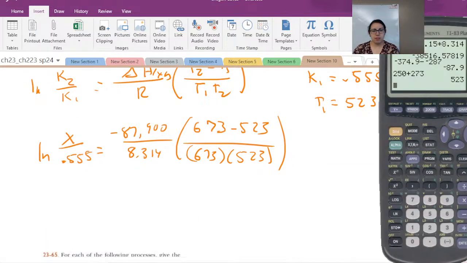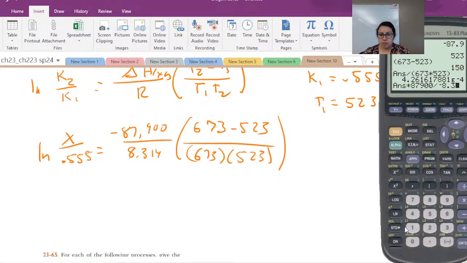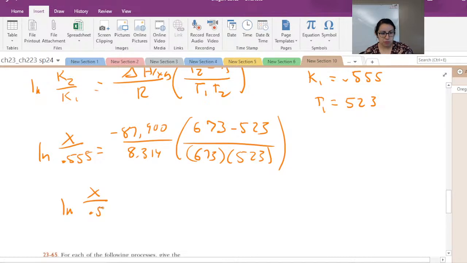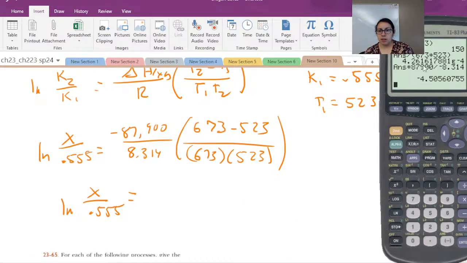And so now just math. So far I got natural log of x over 0.555 is equal to negative 4.505 or 506.